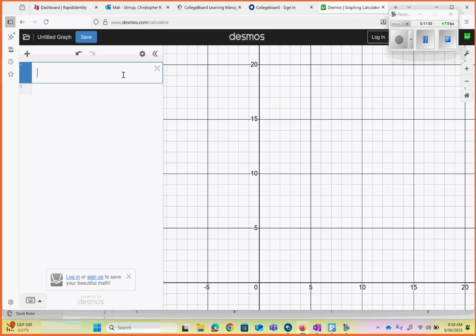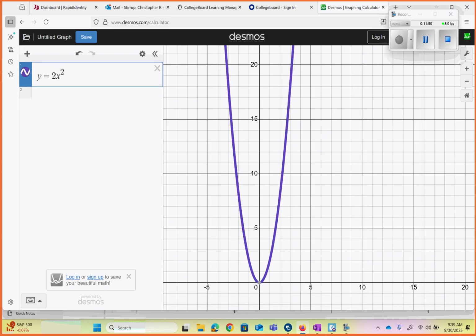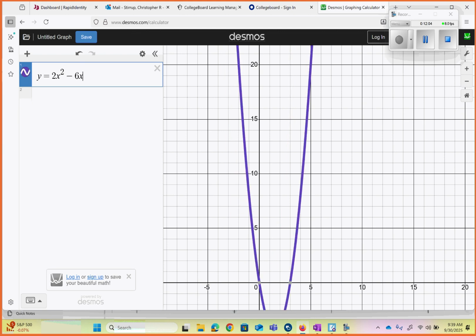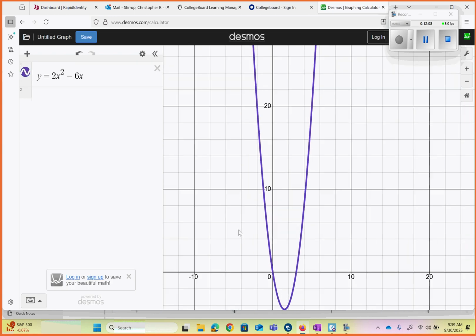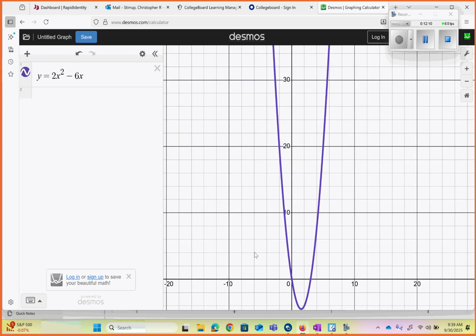So we do y equals 2x squared minus 6x. And that's it. Okay. Pretty simple. It's a parabola. Okay.